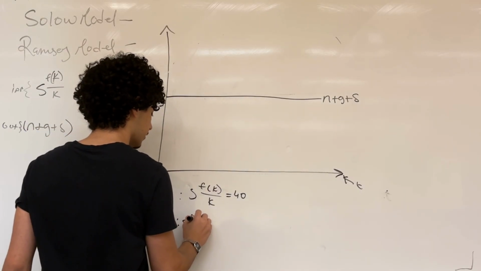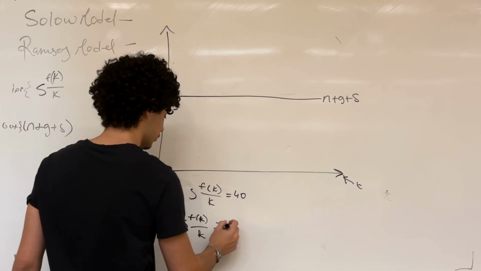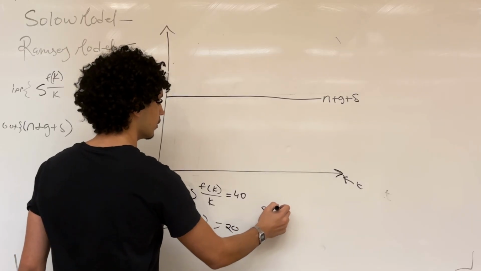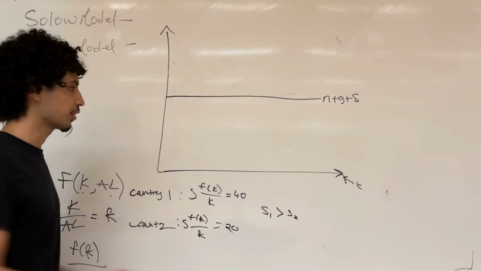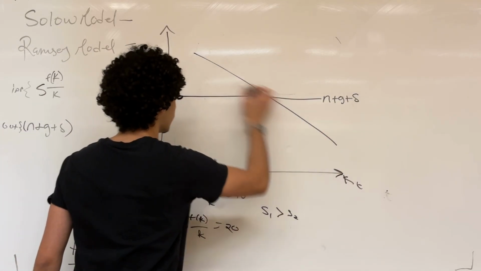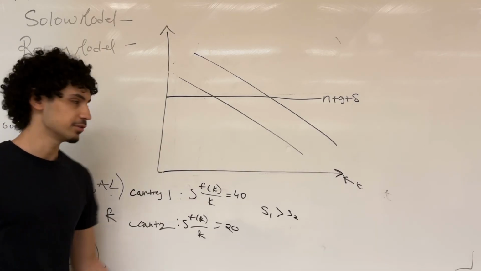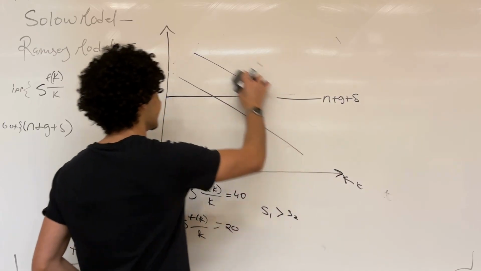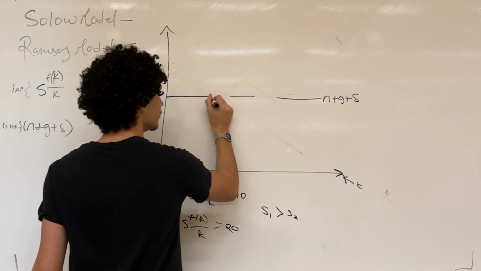And here the s over k is 20. So s1 is greater than s2. So how that's going to look here is just two different curves, 1, 2. It's important to have them be curves here for what I'm about to do.